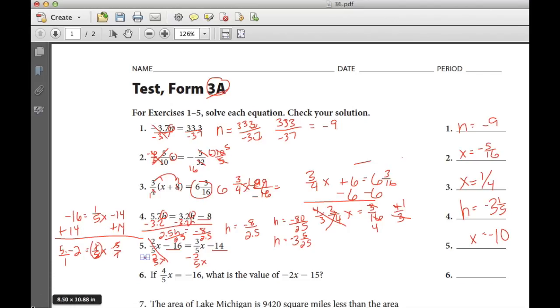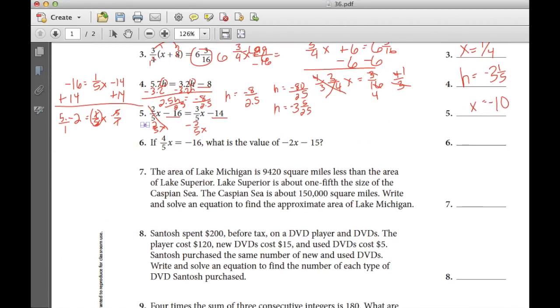And scrolling down here, for number 6, we are going to, first of all, have to solve for x in this equation. And so to get rid of the 4/5, we're going to multiply by 5/4. 4 goes into 4 once, 4 goes into 16 4 times.